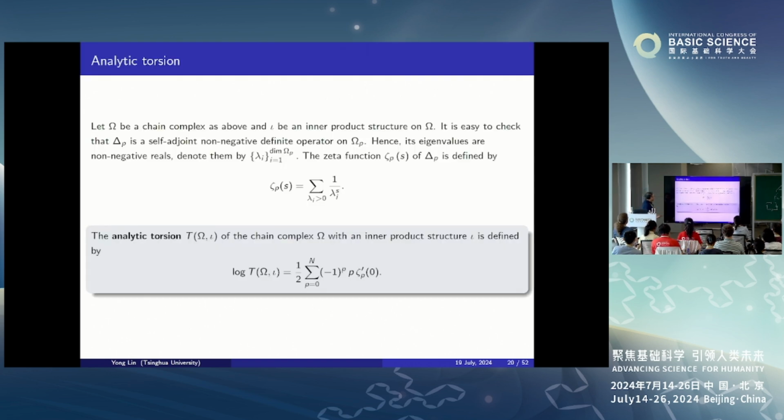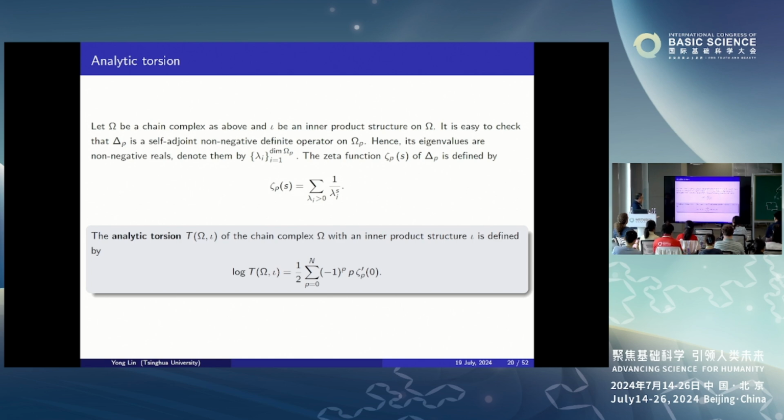Next, we come to define the analytic torsion. For this we need to define the so-called Hodge Laplacian. We already defined this, and it's easy to check that the Hodge Laplacian is self-adjoint and non-negative definite operating on omega p. So all its eigenvalues are real, actually non-negative real. We use all the nonzero eigenvalues to define the zeta function for this Hodge Laplacian.